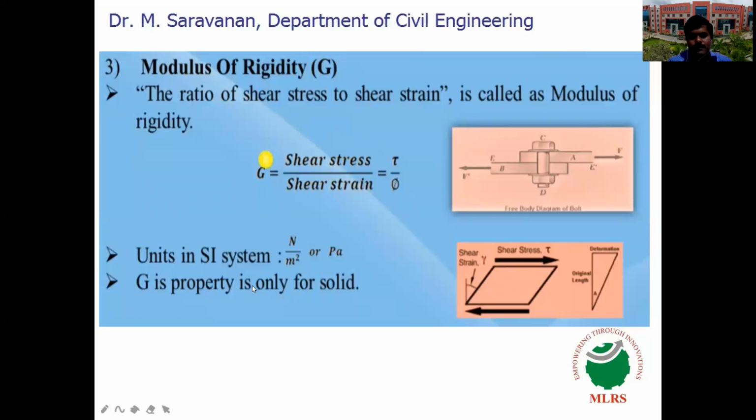G is a property only for the solid. When the load is acting parallel to the surface, it will be displaced like this. This transverse displacement divided by the original length is called the shear strain. So the shear stress divided by the shear strain will be equal to the modulus of rigidity.